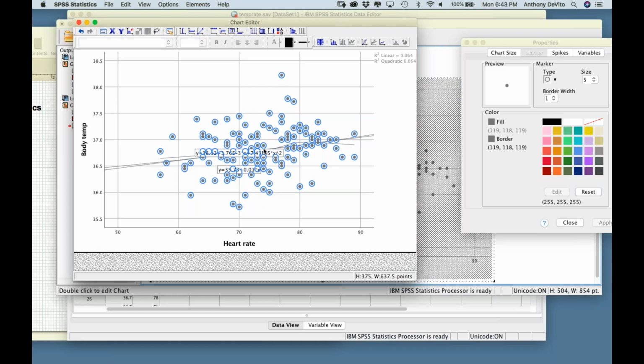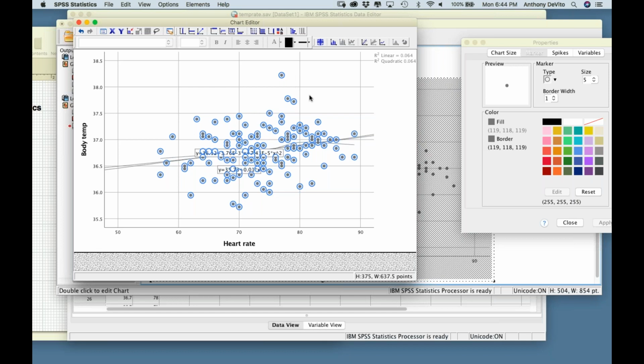So what SPSS has done is take all these differences, square them, and balance them between those above the line and those below the line. So it minimizes the total sum of errors, total differences.